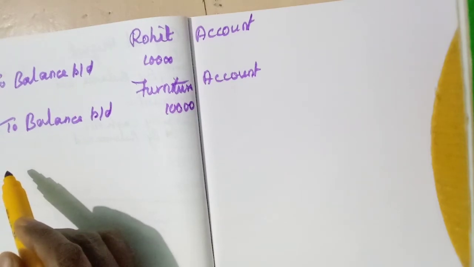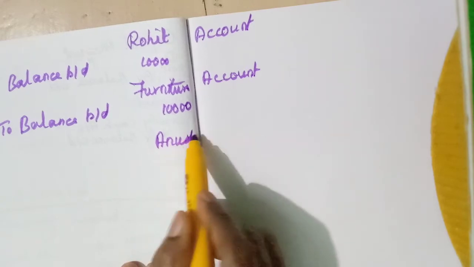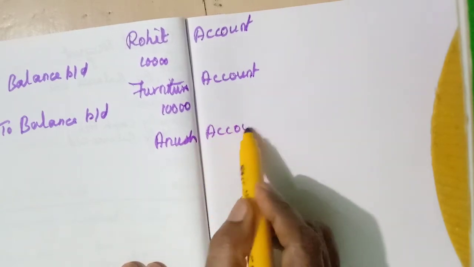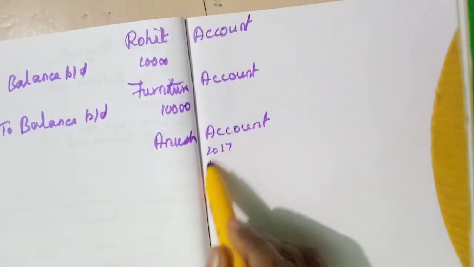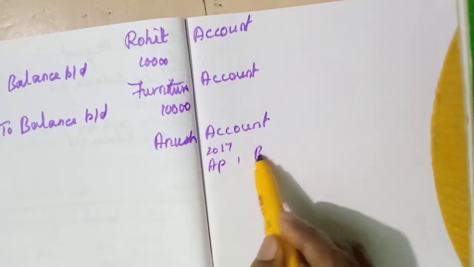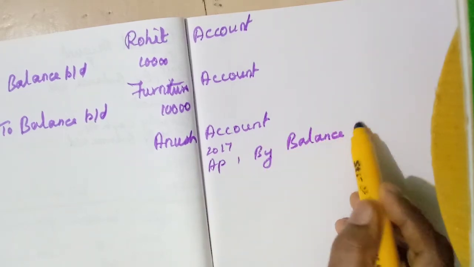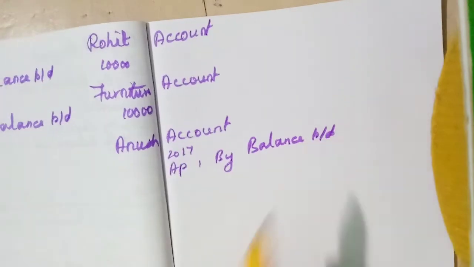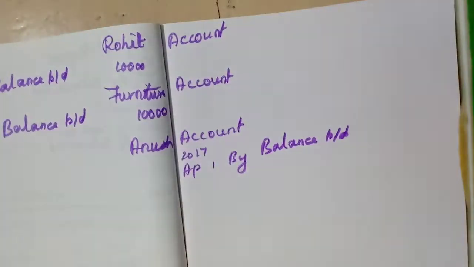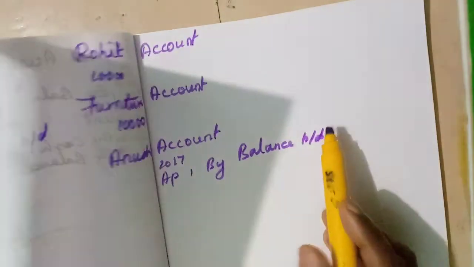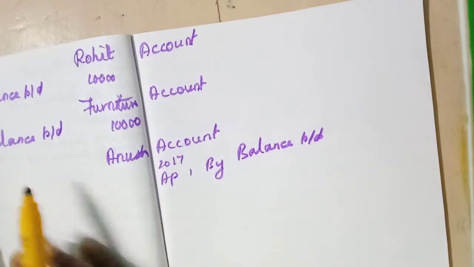After furniture, Anush. In Anush, credit, isn't it? Liabilities. So here we should write on the credit side: by balance brought down. Opening balance, by balance brought down. Amount 40,000.